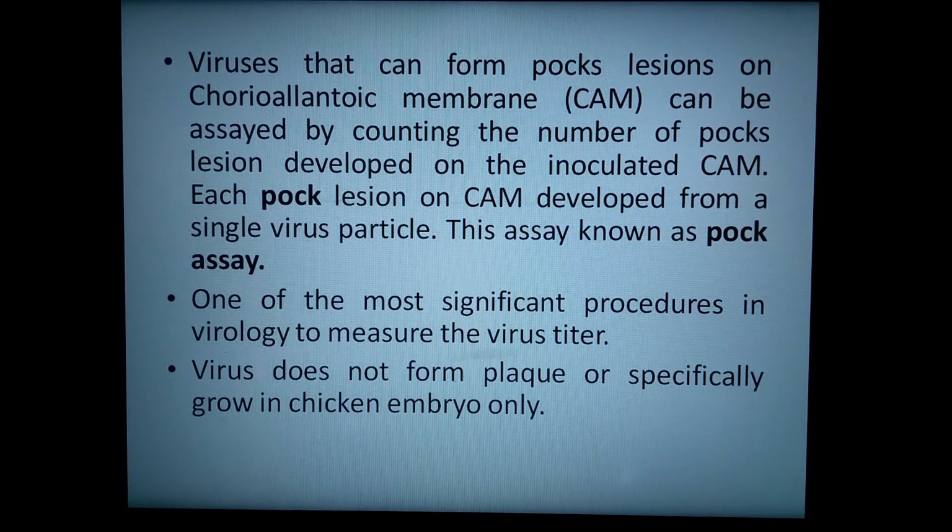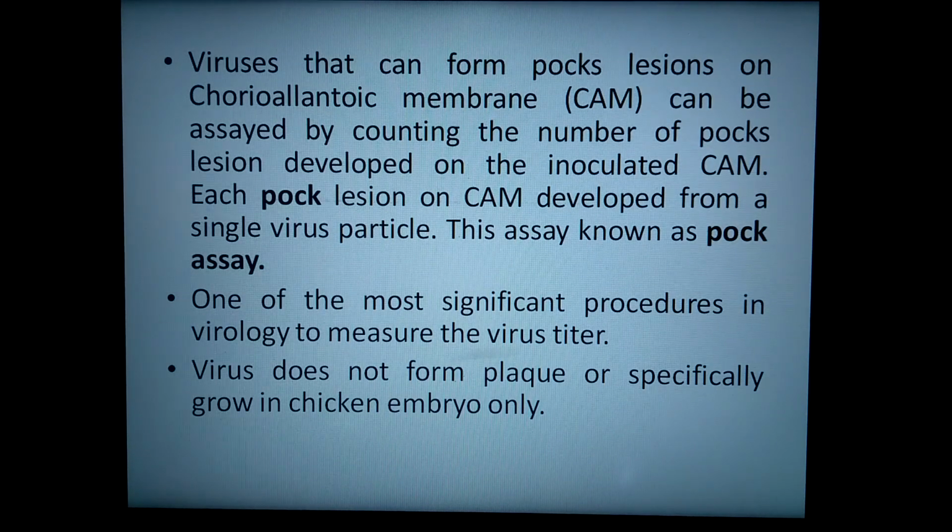Each pock lesion on CAM develops from a single virus particle. This assay is known as pock assay, where each lesion represents a single virus progeny particle. It is one of the most significant procedures in virology to measure the virus titer or propagate the virus in large quantity.